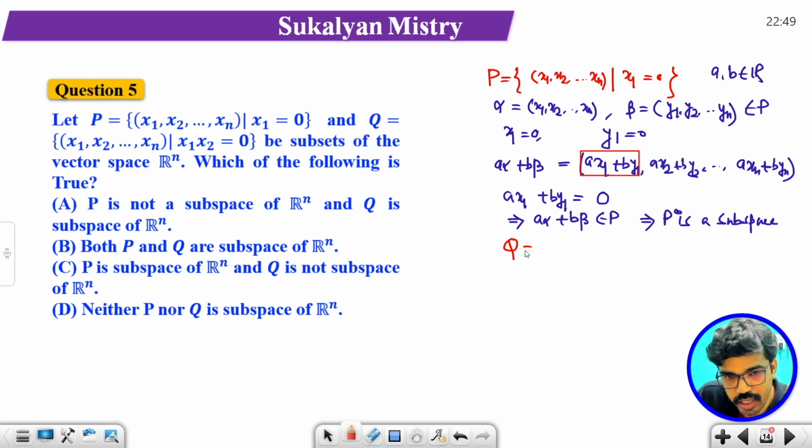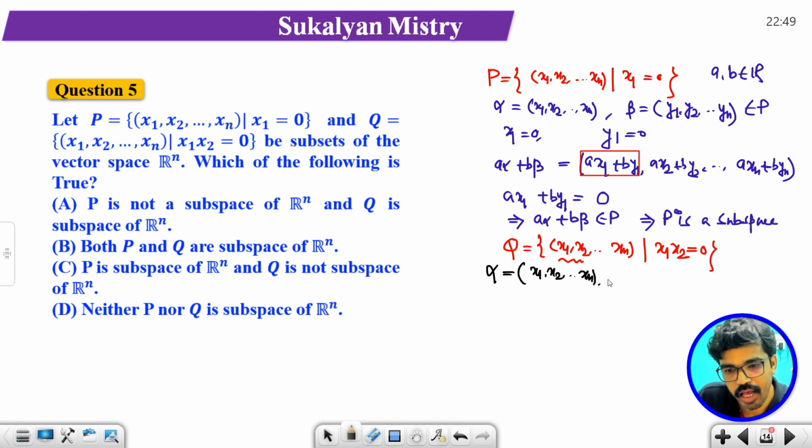Here it is given that Q is equal to x1 x2 dot xn such that দেখো x1 x2 মানে দুটো প্রোডাক্ট, x1 x2 0 তাহলে যদি সাবস্পেস হতে হয় তাহলে আমি কি করব, দুটো Q থেকে দুটো এলিমেন্ট কনসিডার করছি। সাপোজ আলফা বিলংস টু Q, সাপোজ আলফা ইজ x1 x2 dot xn, right, this belongs to Q and beta that is suppose y1 y2 dot yn so this belongs to Q.